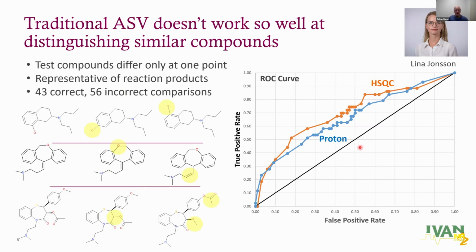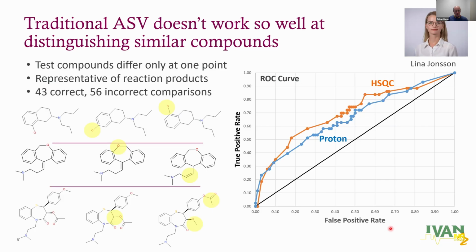So how well does the ASV work in the traditional sense? In other words, choosing a threshold where you can determine a yes or no answer. And the answer is, I'm afraid, not very well. You can plot the data on a ROC curve, a receiver operating characteristic curve.